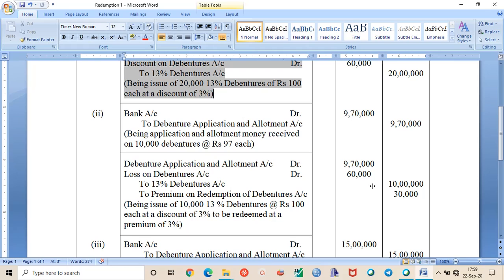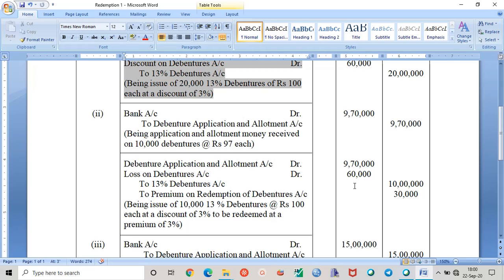In case number two, B Limited issues 10,000 13% debentures of rupees 100 each at a discount of 3%, to be redeemed at a premium of 3% at the end of the sixth year. This case is just like case number one.